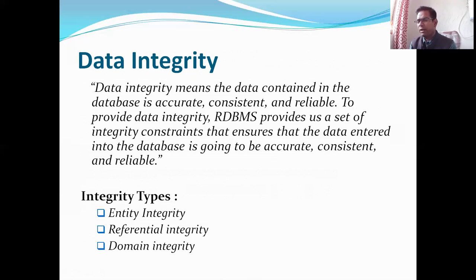So let me define data integrity. Data integrity means that data contained in the database is accurate, consistent, and reliable. To provide data integrity, RDBMS provide a set of integrity constraints that ensure the data entered into the database is accurate, consistent, and reliable.